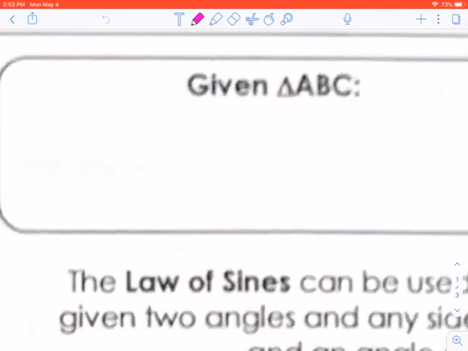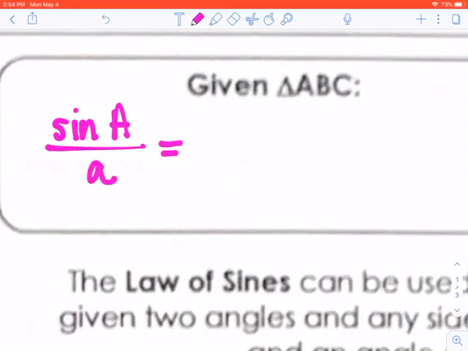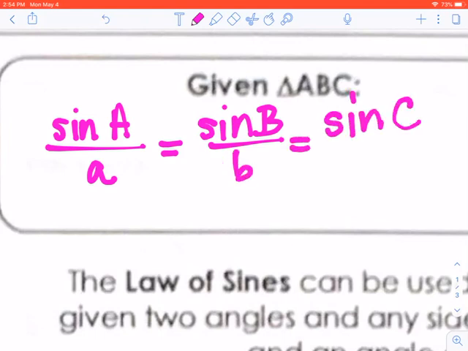And the formula goes, the sine of angle A over little a equals the sine of angle B over little b, and by little b we mean side B, which also equals the sine of angle C over little c, or side C. So this is the law of sines.